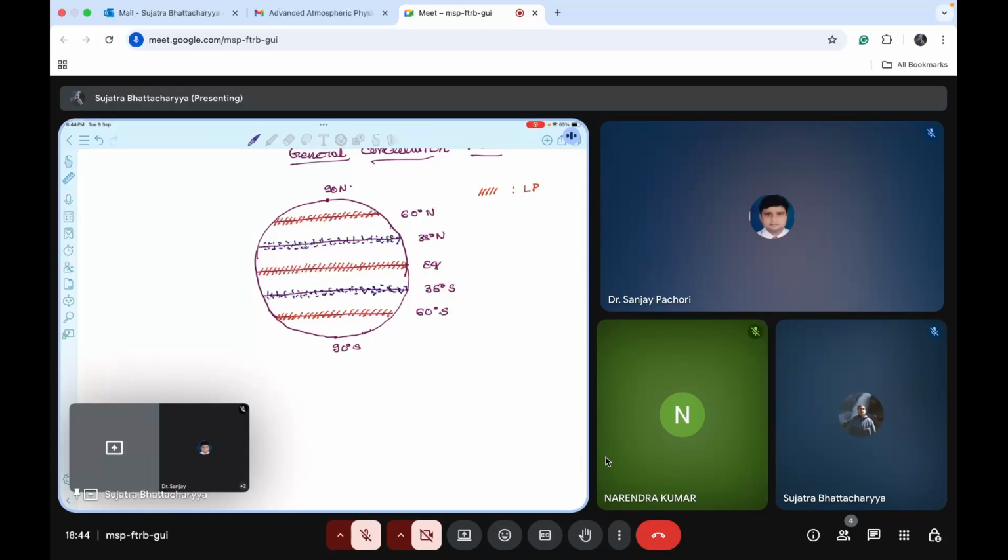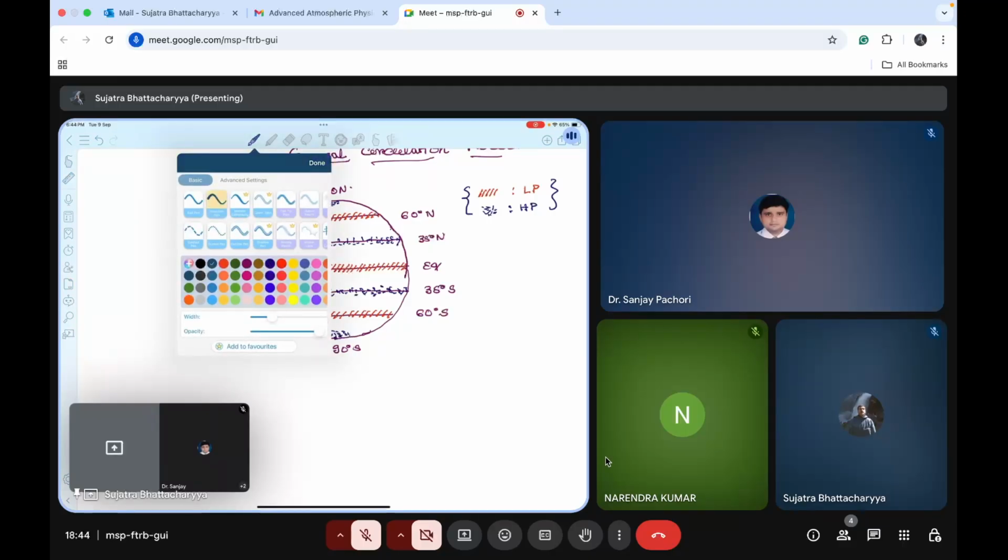And over here also, at the poles, you have high. That is what I was discussing in that question also. So these dots represent the high pressure regions. Okay, so this is what your pressure pattern looks like.